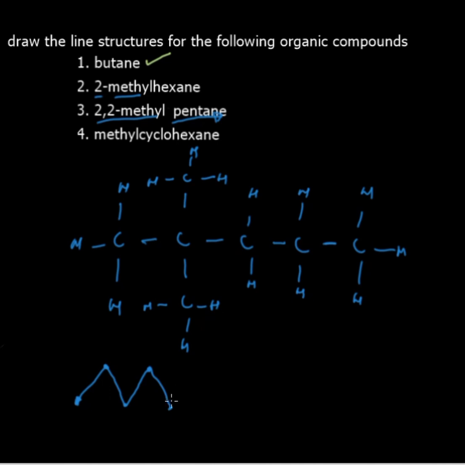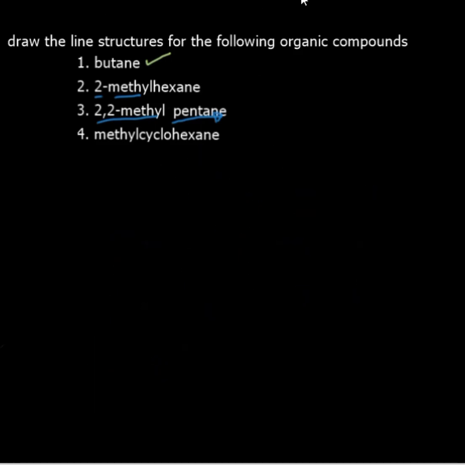Now let's look at how we can connect our branches. Our branches are on carbon number 2, so you may draw a line over there, just like that, or you can even draw it on this carbon atom over here. It doesn't really matter. So let's do the last question.